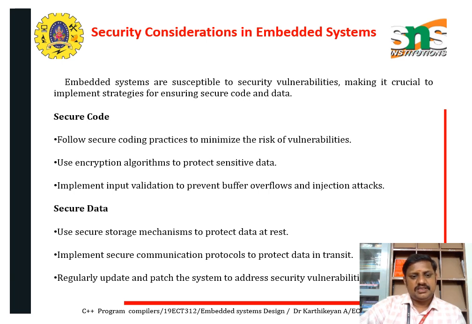And secure code is mainly used for secure coding practices to minimize the risk of vulnerabilities in the coding, and also encryption algorithms to protect sensitive data. We also implement input validation and prevent buffer overflows; these are all main important parameters used in the source code.